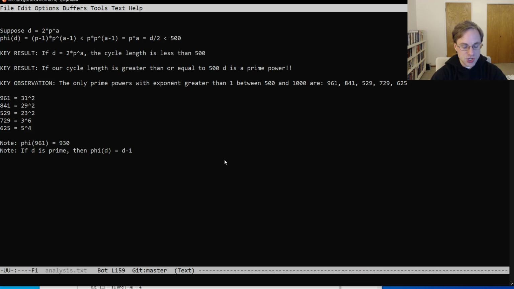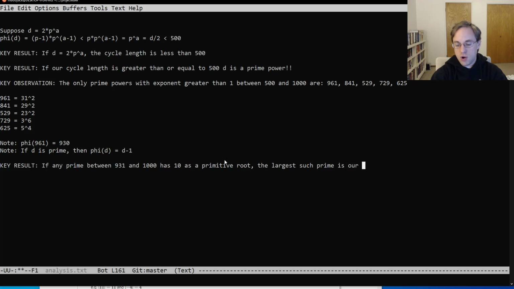I think I had mentioned this previously. And so now we'll note this key result, which is that if any prime between 931 and 1000 has 10 as a primitive root, the largest such prime is our solution.